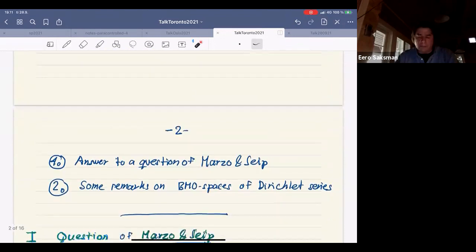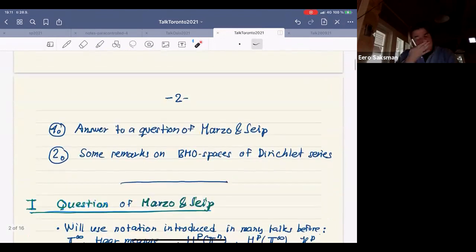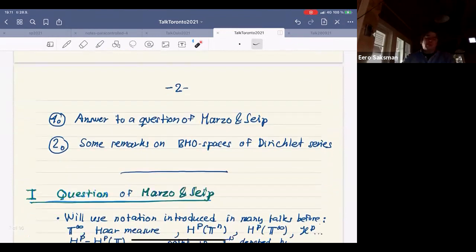Now in this talk, what do we want to do? We want to answer the question of Jordi Marzo and Christian Seip from about 10 or 11 years ago. And I hope that I can be pretty elementary here. The proof is not very long, and we don't need any advanced techniques, so I think that I can try to present the proof for you.